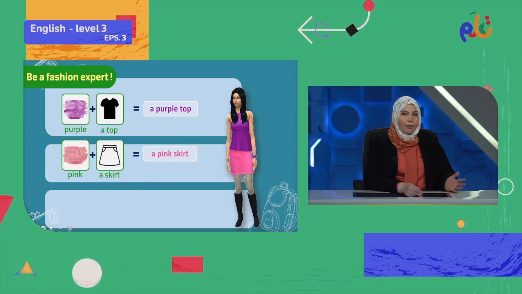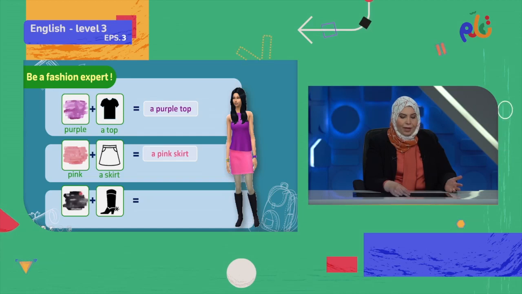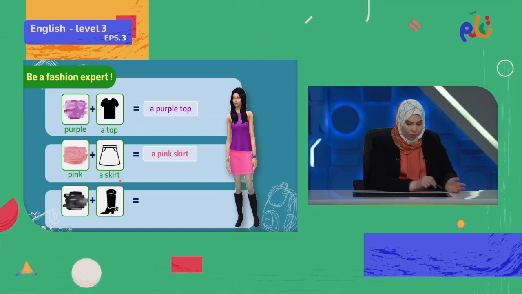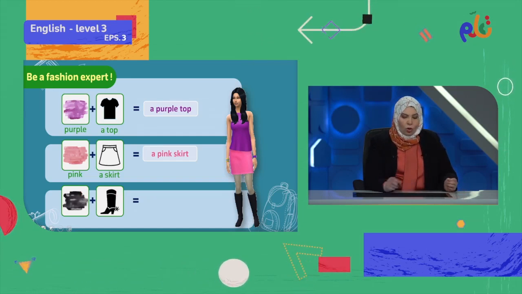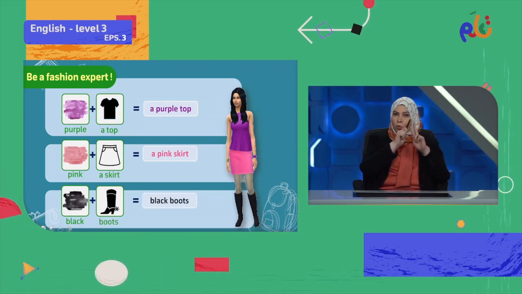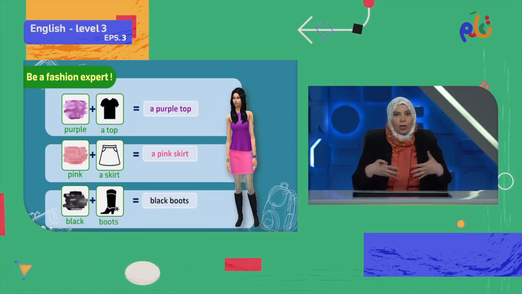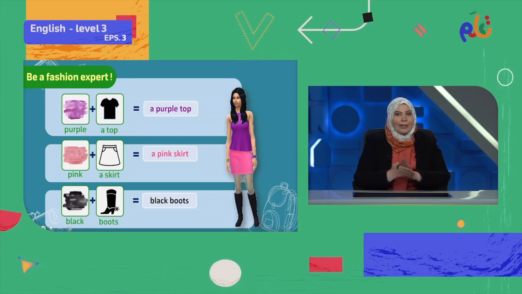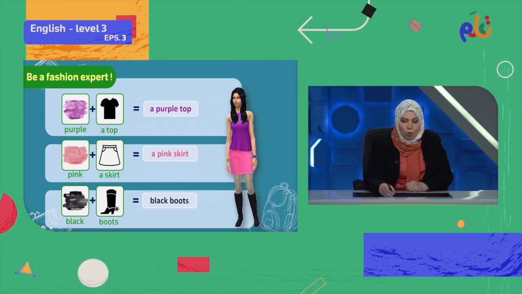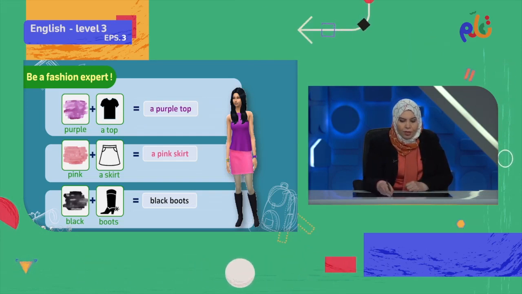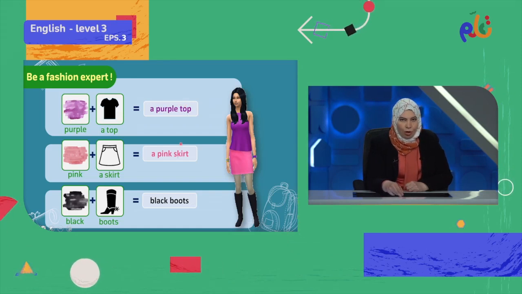So here we have color, black, and the item, boots. So because we're talking about boots, which is always plural, like shoes, always plural, in this case, no a. So top, singular, skirt, singular, don't forget your article.